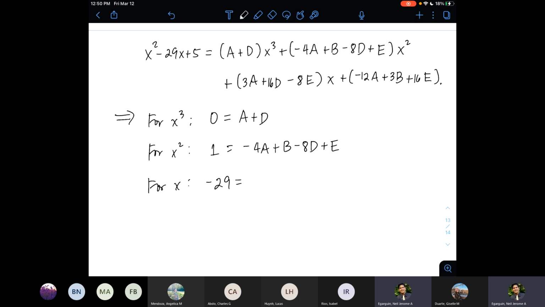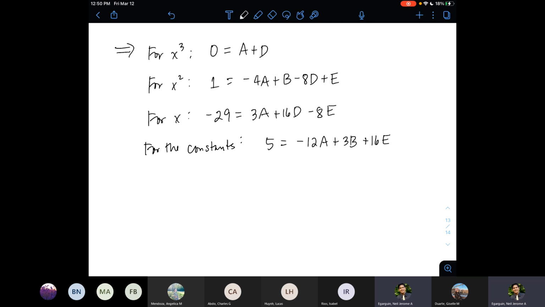It must be equal to the coefficient of x on the right side, which is 3a plus 16d minus 8e. And then lastly, for the constants, on the left, the constant is 5. On the right, the constant is minus 12a plus 3b plus 16e.